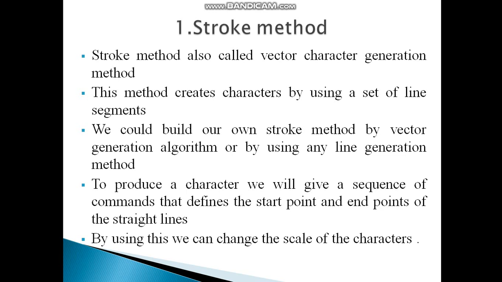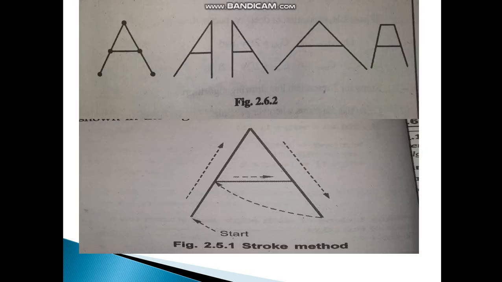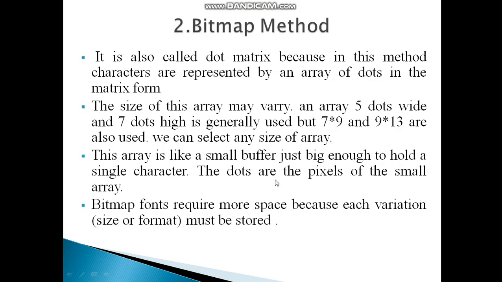By using these functions of the compiler, we can draw these characters. It is just like using pen and paper: we start in this portion and then draw a complete character A.